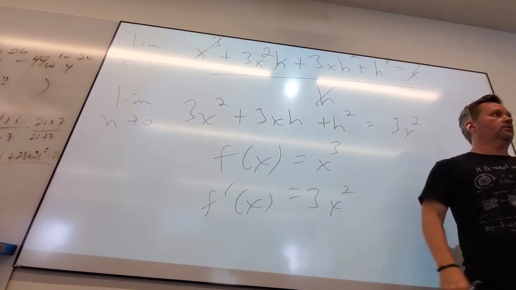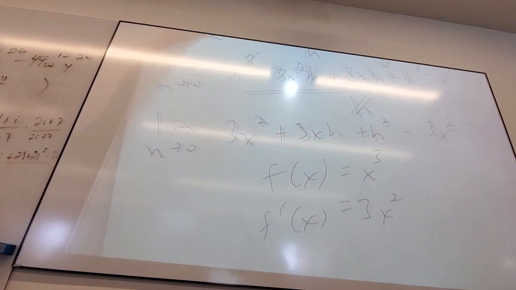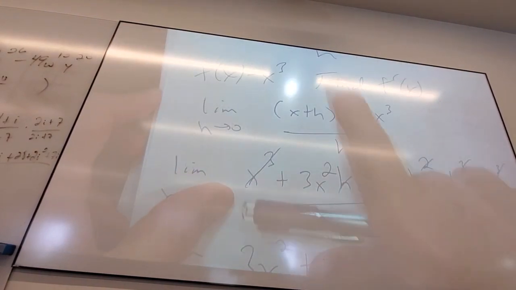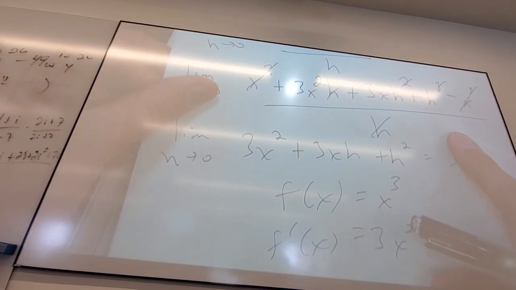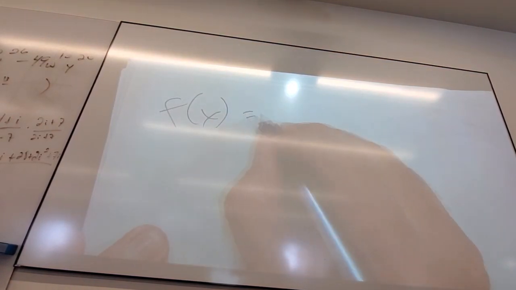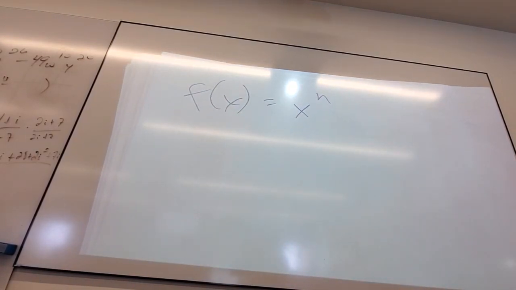So, let's develop our very first rule. This is us getting away from doing this. Do you want to do this if it was an 11th power? So we want to make a shortcut, yes? The way I'm going to make a shortcut is I'm going to start with the most general possibility: x to the n.